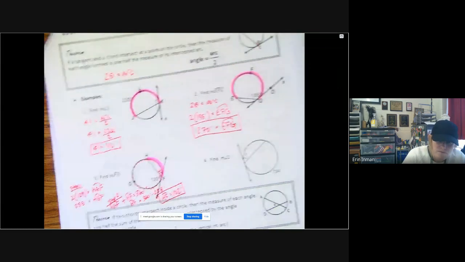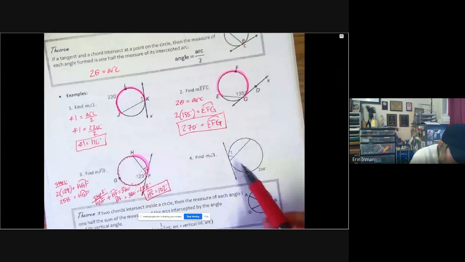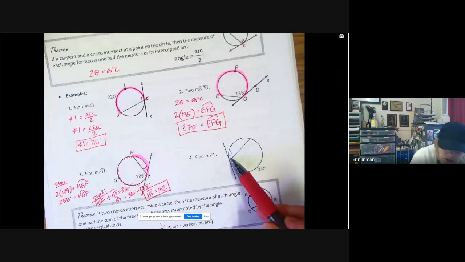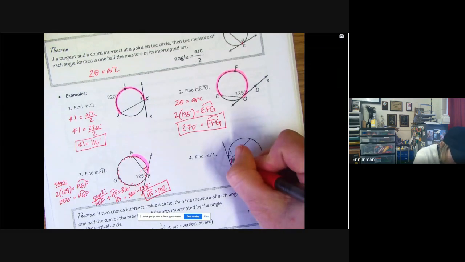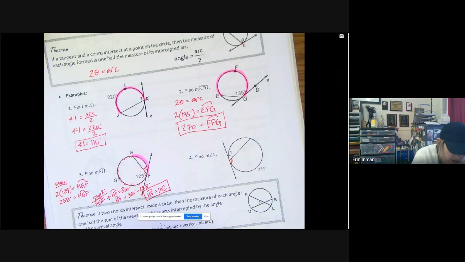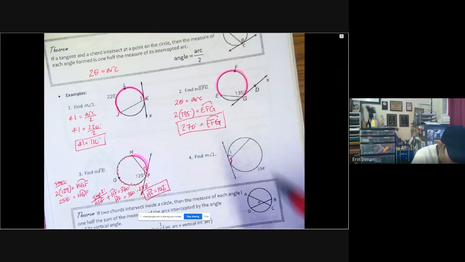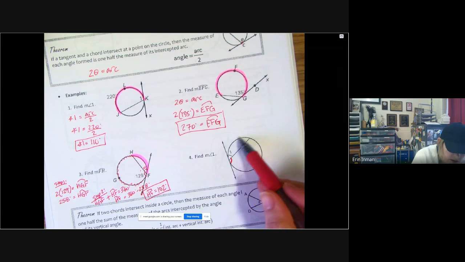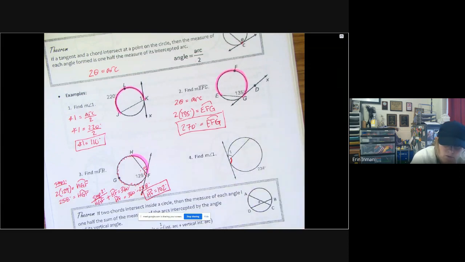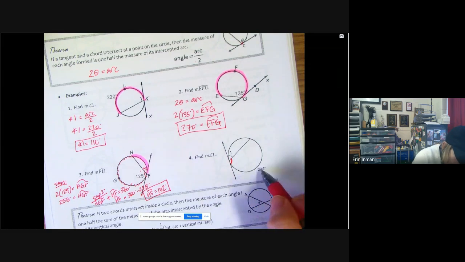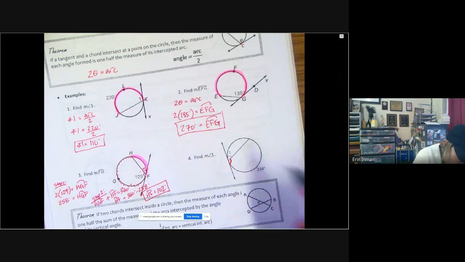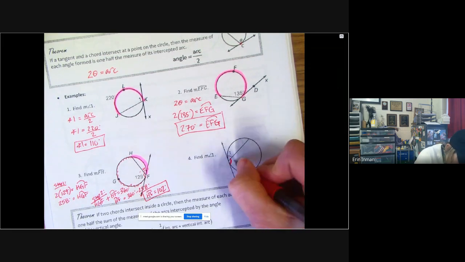In example 4, in this particular case, we are looking for the measure of angle 1. Notice that they gave us this major arc right here, 234 degrees, and that will help us find this angle, and we can subtract that from 180. Or I could find this arc by subtracting 234 from 360 and then take half of it. Either one is going to give us that same answer. So I'm going to go ahead and just find this angle first, and I'm just going to call this theta right here.